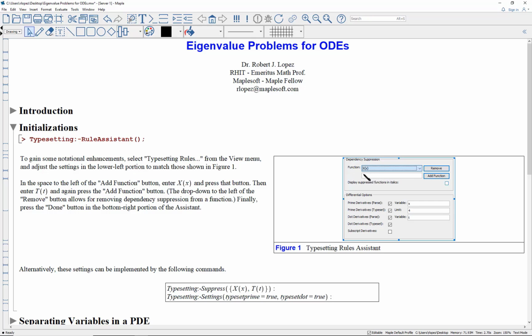And then you would type in t of t and click this button here. This is to remove the dependency suppression. And this shows you what prime and dot notation for derivatives will look like. And then there was a done button in the lower right-hand corner. You'd have to press that to finish the job.